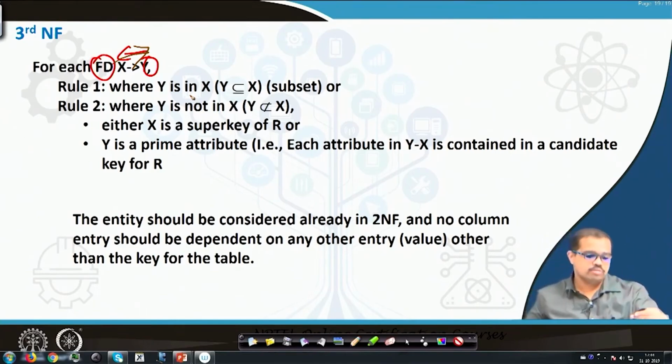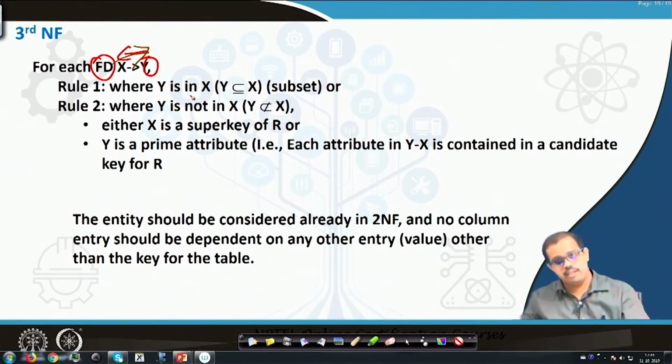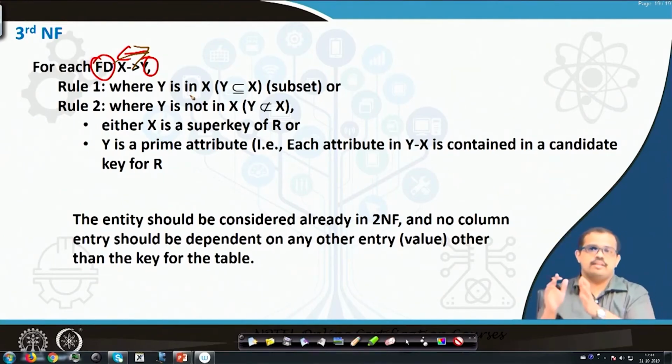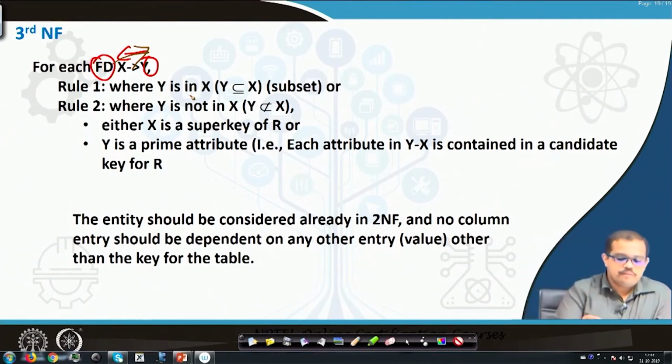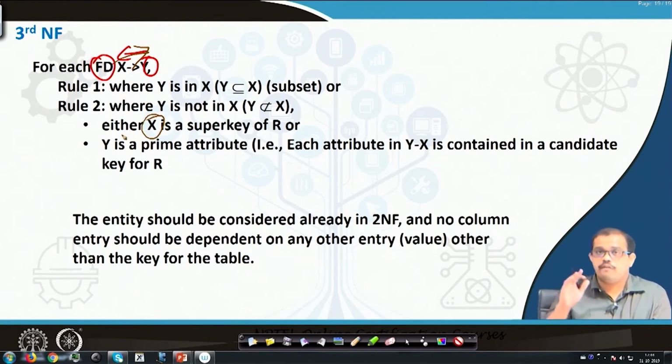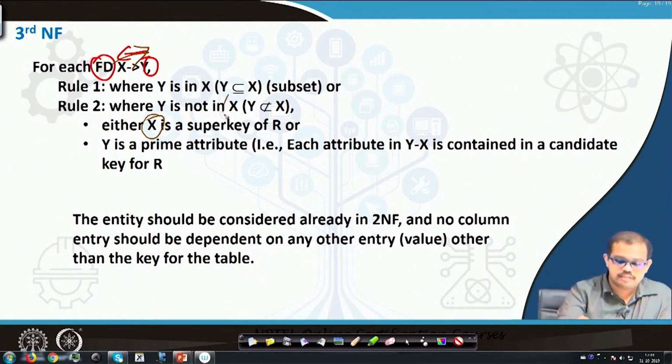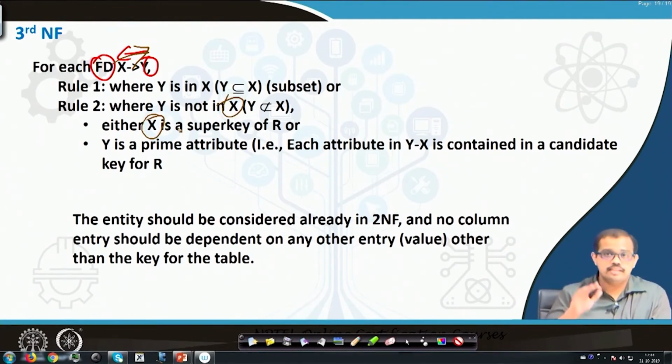wherein if you have these two rules satisfied for a functional dependency of y towards x, then that particular table is in the third normal form, which means in the rule number 2, x is a super key of R. If you are considering this set, x is a super key of R is a relationship, the entity relationship value.